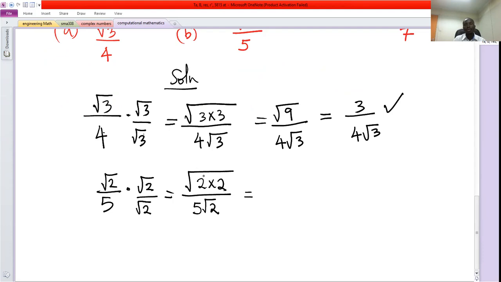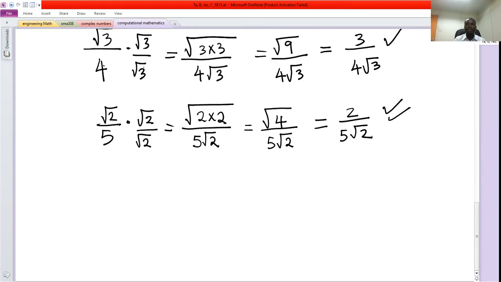So the square root of 2 times 2 is the square root of 4, over 5 root 2. The positive square root of 4 is 2, and then over 5 root 2. So this is the required answer. The numerator should not have a surd. That's the interpretation of rationalizing the numerator.